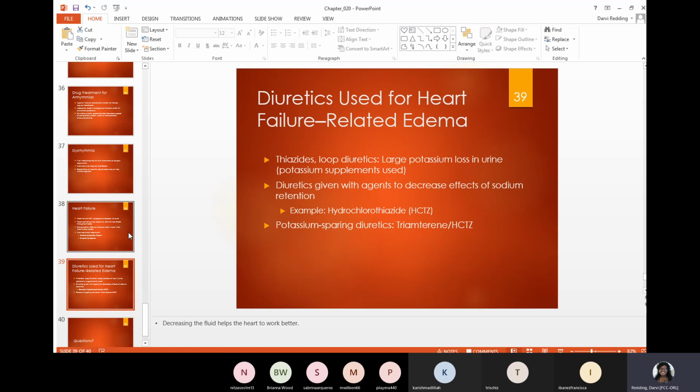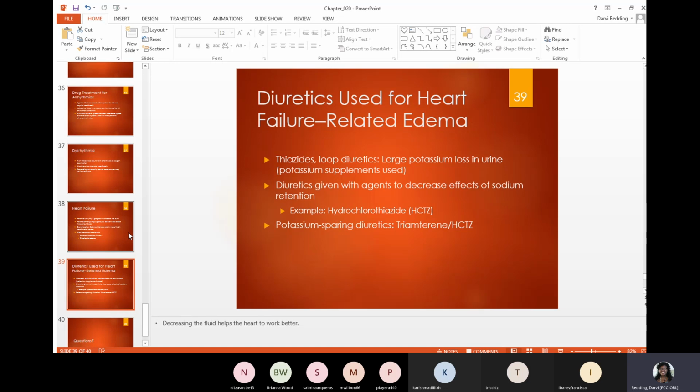And then you have potassium sparing diuretics. An example of a potassium sparing diuretic would be a medication like spironolactone, just using that as an example. Now with thiazides and loop diuretics, you lose large amounts of potassium in the urine.